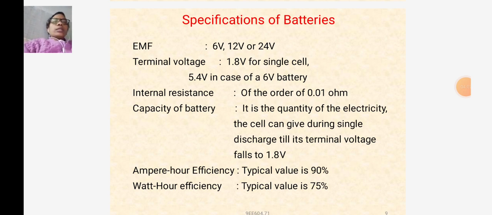Capacity of the battery is the quantity of electricity the cell can give during a single discharge till its terminal voltage falls to 1.8 volts. The ampere hour efficiency has a typical value of 90 percent and the watt hour efficiency is 75 percent.